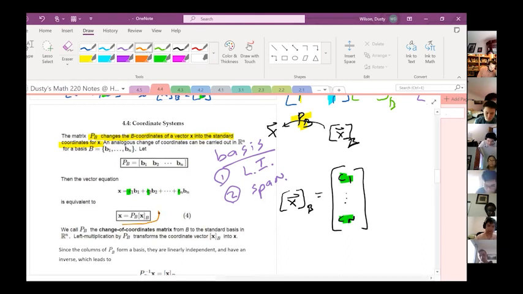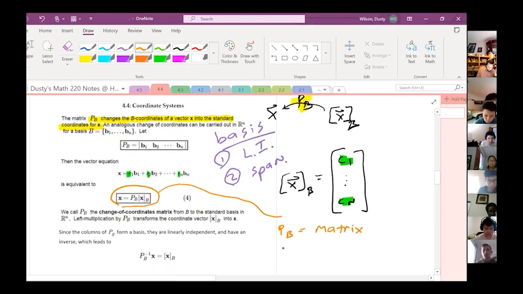This notation right here is a little bit confusing to me. It looks like it's got a lot of characters, which makes it easy for you to forget what's going on. So remember that PB is a matrix. Okay. And that XB is a vector.